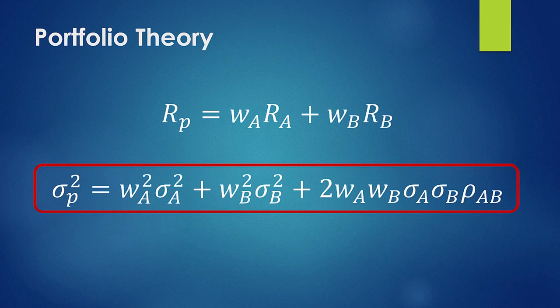Where things get interesting is when you look at portfolio risk, because we need to factor in this netting out of assets based on negative correlation. What you see when you look at the second equation is it starts out in a very similar way.